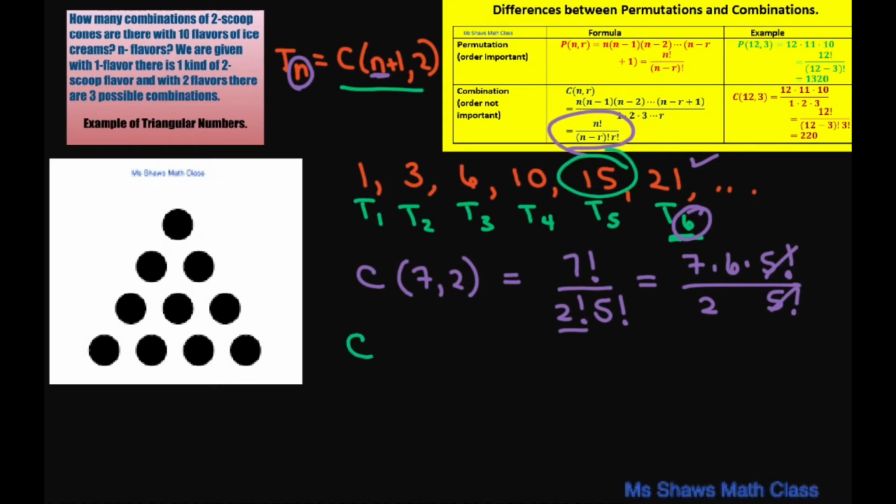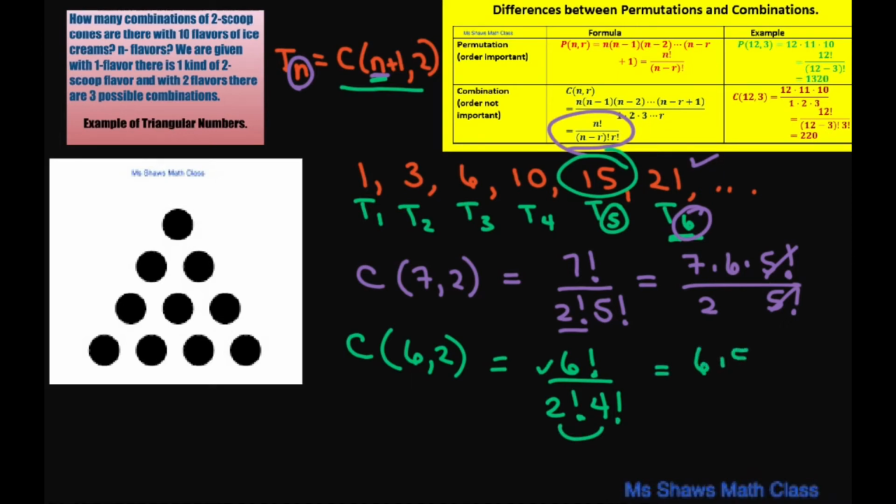Let's look at this one. This one would be C, and our index number is 5, so you add 1 to that. That would be 6 choose 2. So that's going to be 6 factorial divided by 2 factorial times 4 factorial. These two always have to add up to this number. That's just going to give you 6 times 5 divided by 2.